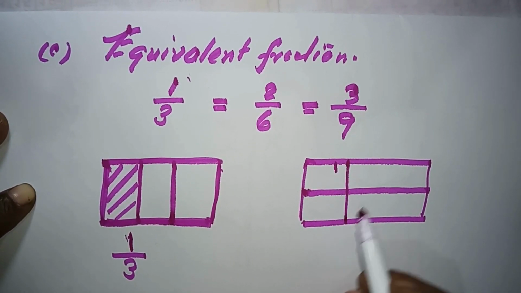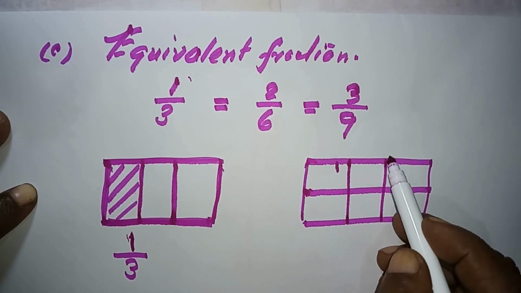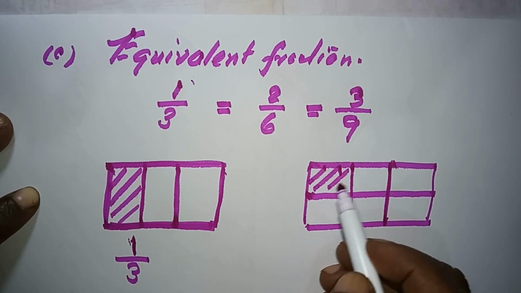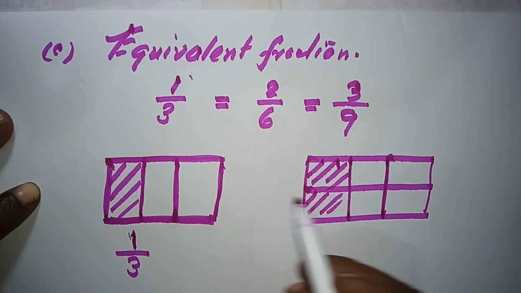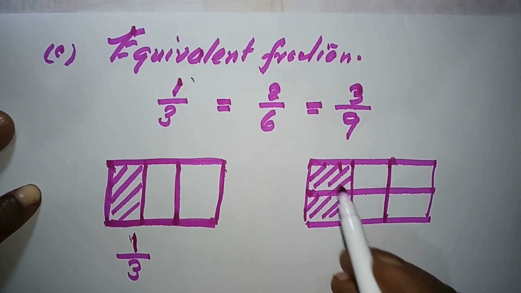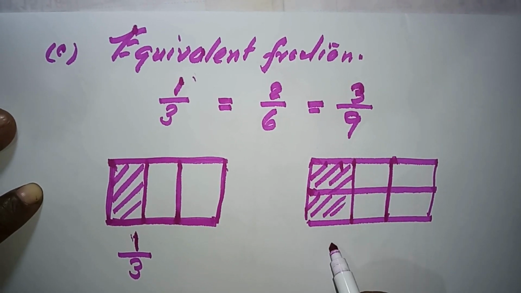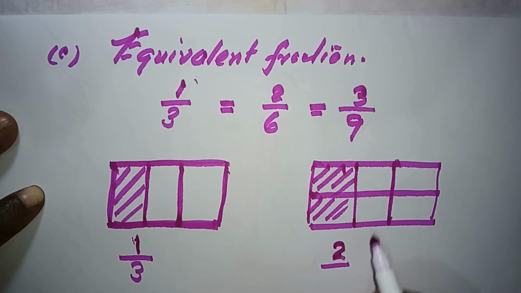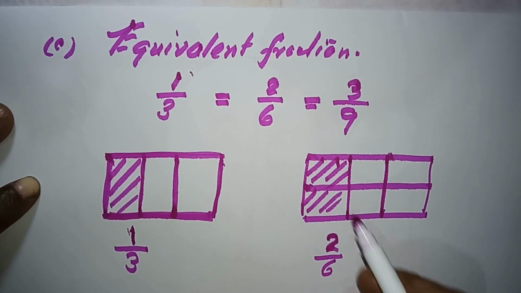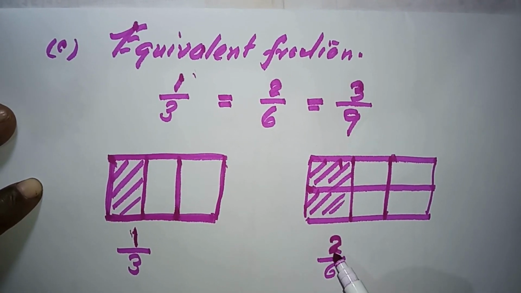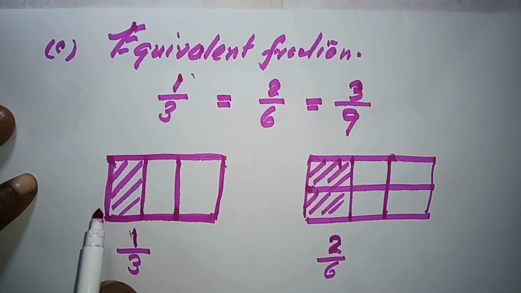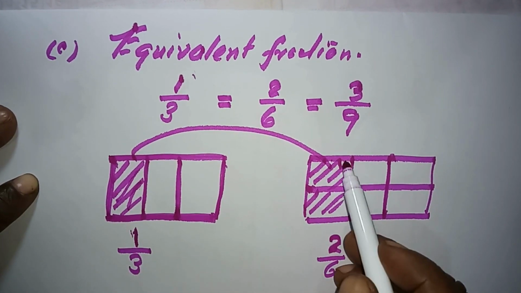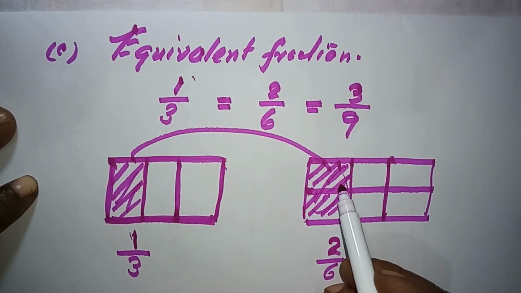into 6 parts and I shade these two. Now, this shaded part is 2 parts out of 6. I have divided into 6 and the shaded parts are 2 parts. But the area of this part is equal to this.